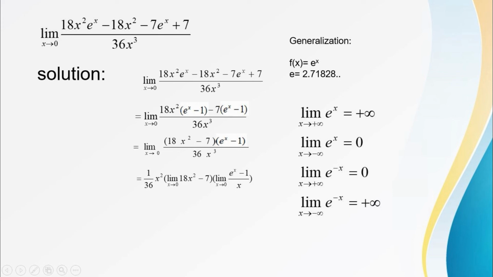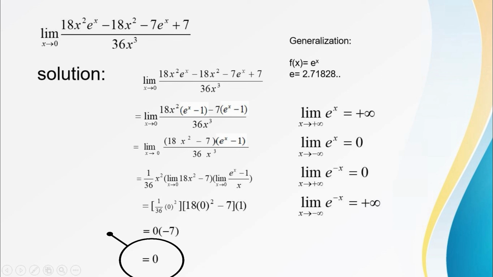Now, we can start evaluating. Take note that e to the power of x minus 1 all over x is a generalization that has an evaluation equal to 1. So now, we have 1 over 36 times 0 squared times the quantity 18 times 0 squared minus 7 times 1, which gives us 0 times negative 7, which is equal to 0.